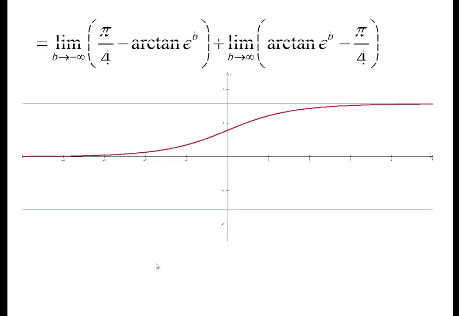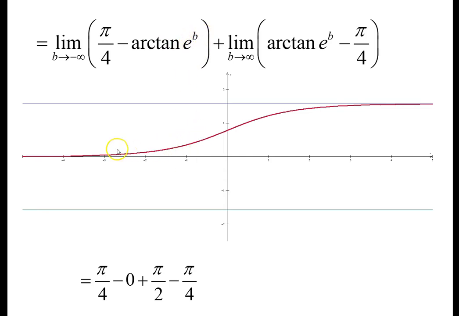What happens here? Oh, here it is again. Okay, so what happens here as b approaches negative infinity for this arctangent function? Well, as we go out to negative infinity, notice what's happening to arctangent. It's approaching 0. So arctangent of, it doesn't really matter that it's e to the b.